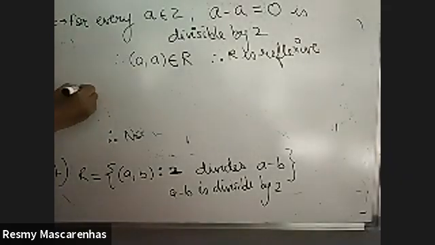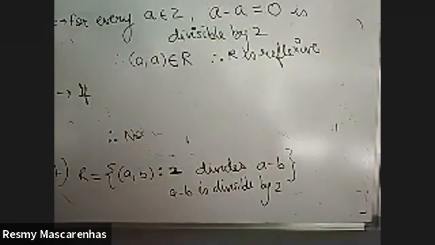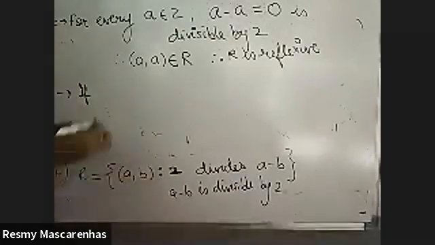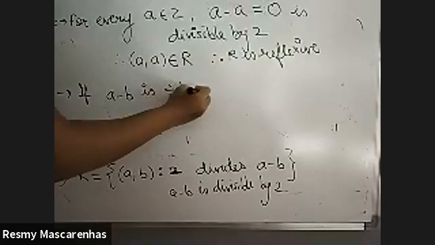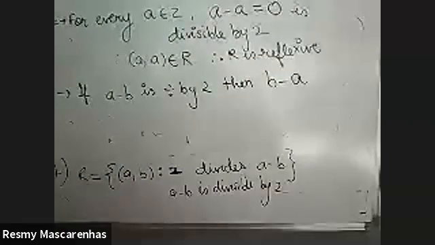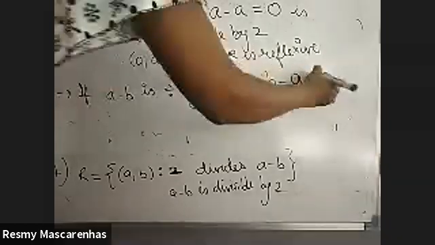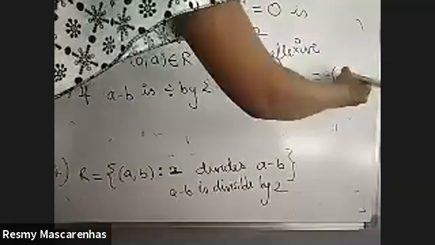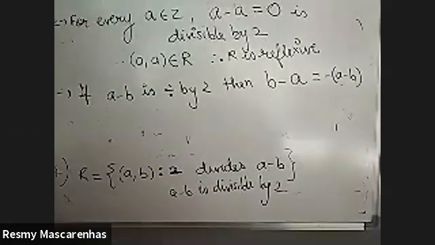Now the second one. Now what we have to check: if A minus B is divisible by 2, whether in reverse, B minus A is divisible by 2. So it is obvious, no? If A minus B is divisible by 2, then B minus A will be the same thing, minus of A minus B. Even if you don't write let, okay.